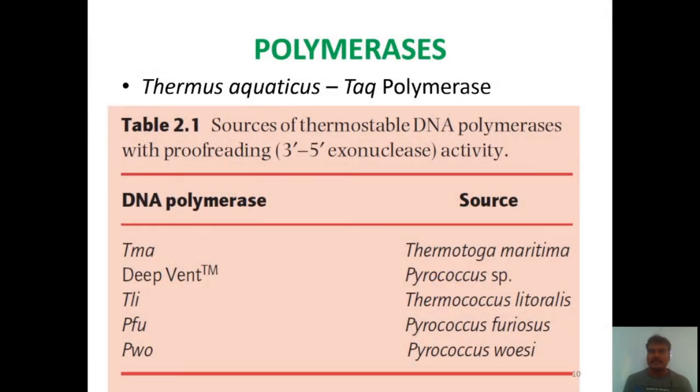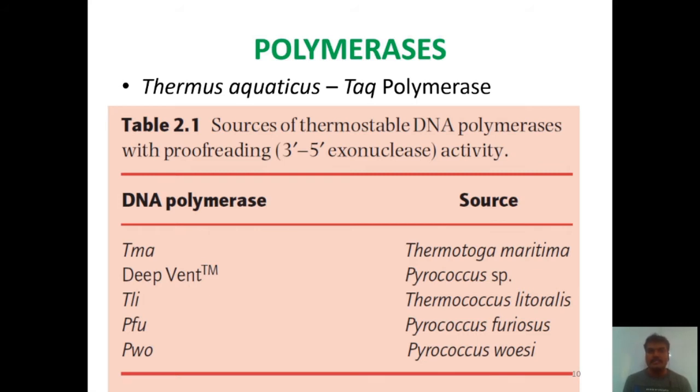Okay, polymerases. The polymerase we mostly use in PCR is Thermus aquaticus polymerase enzyme, that is Taq polymerase. Taq polymerase is isolated from Thermus aquaticus bacteria in the hot springs in the USA.